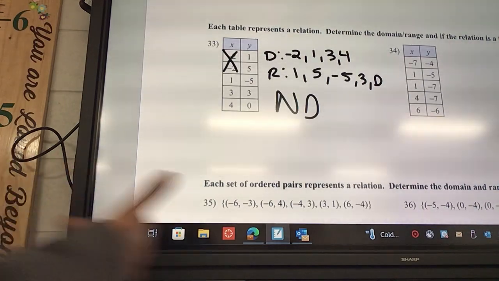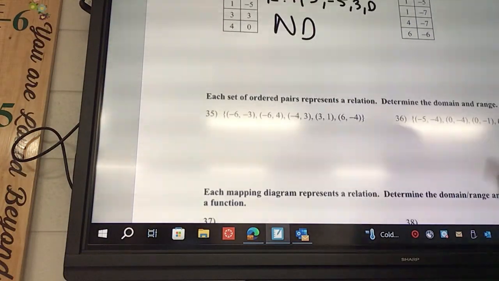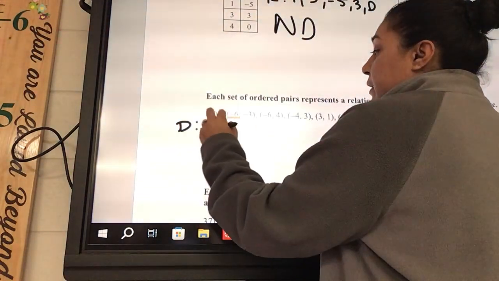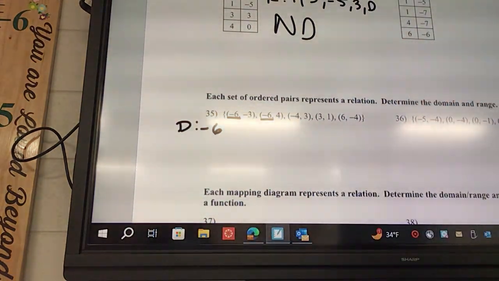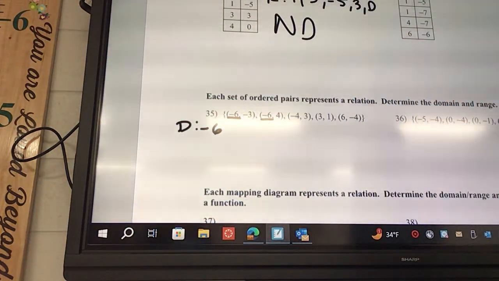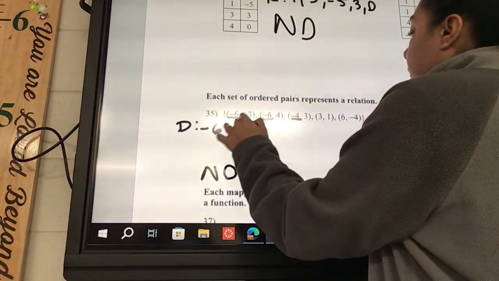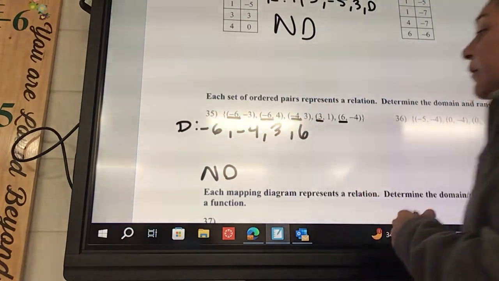35 is the same type of question, except they're just in a different order. So the domain is going to be -6, -6 again, so we're not going to put it twice, and because those are both -6, I can already answer right now and say no. -4, 3, and a 6.